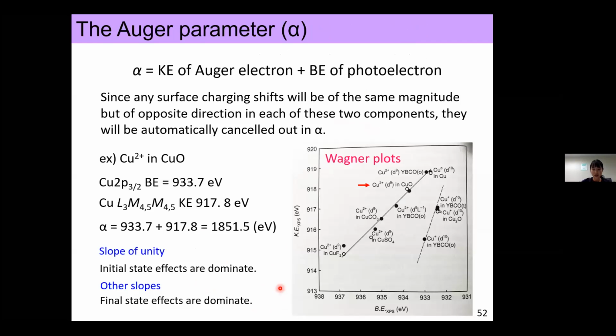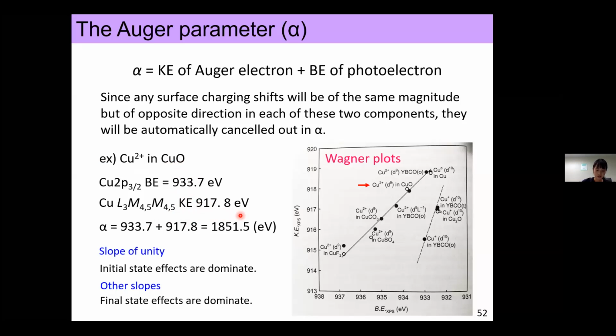So finally, I'd like to explain the Auger parameter. The Auger parameter is described by the sum of KE of the Auger electron and BE of the photoelectron. For example, in the case of Cu2+ in Cu2 oxide, it shows a binding energy of 2p3/2 at 933.7 electron volt, and it shows KE at 917.8 electron volt.